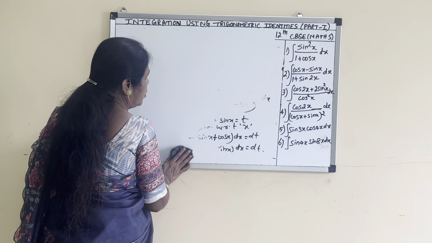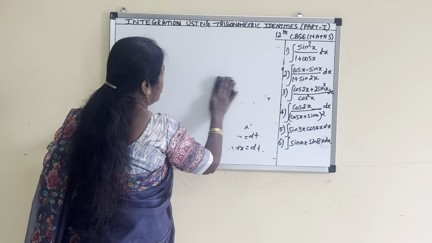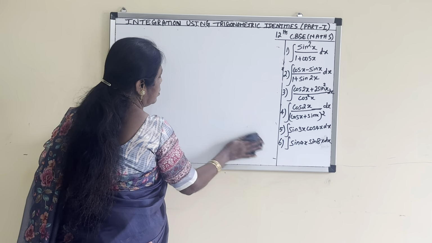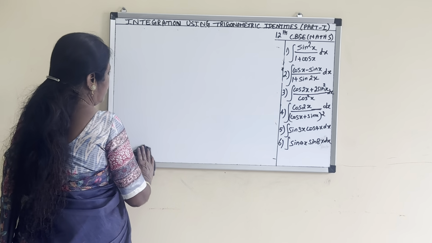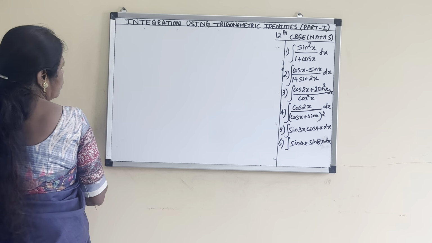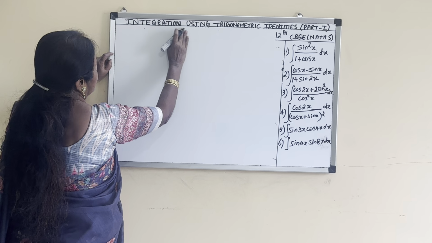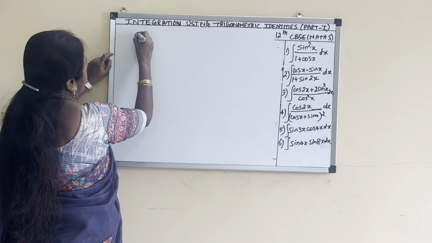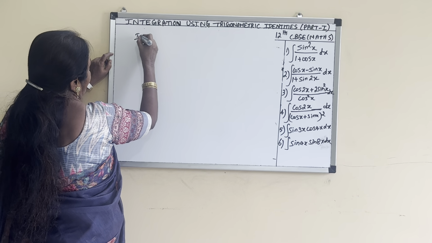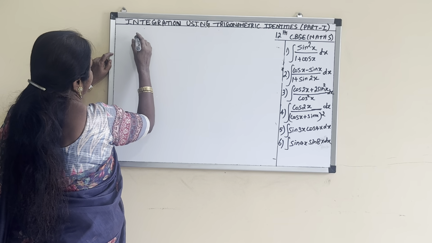Next I am going to take product as a sum identities.